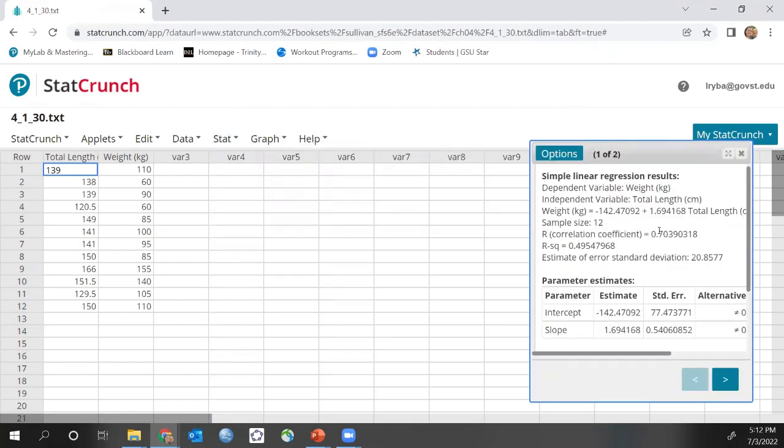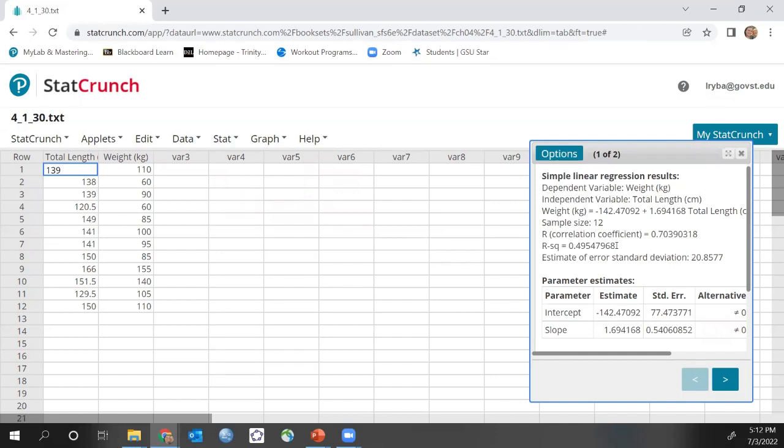So again, this one wasn't super strong. The correlation coefficient was 0.70. R squared is going to be right below it. 0.495. If I move that decimal, times by 100, move it back 2 places, 49.5% of the variation is explained by the line.